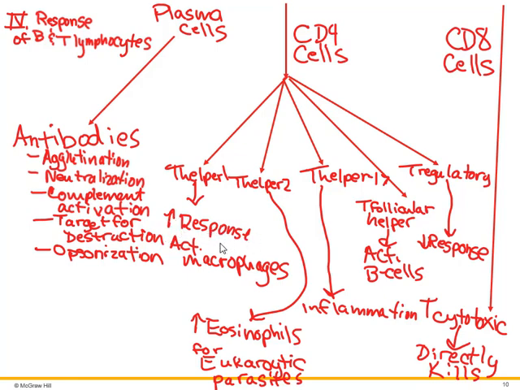So it increases the response, activates macrophages, and then your T helper 2 is going to increase eosinophils for eukaryotic parasites. And T helper 17 is going to increase inflammation. So most of these, like macrophages, are phagocytosis. Inflammation, that's a second line of defense. Eosinophils, second line of defense.